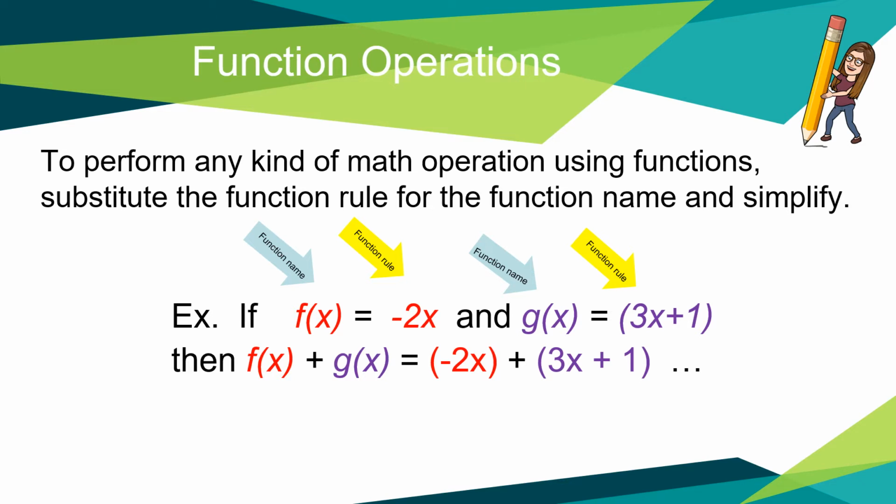So, for example, if I tell you the function name f of x has the rule negative 2x, and let's also have the function name g of x, and its rule is 3x plus 1. If I ask you to add f of x and g of x, you replace f of x with negative 2x, you replace g of x with 3x plus 1.